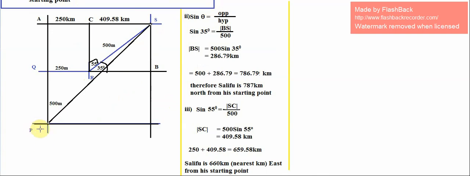What the question is requiring us to calculate is this particular angle. Remember that we know the full distance here. So we come to use this right angle triangle to calculate the angle here.